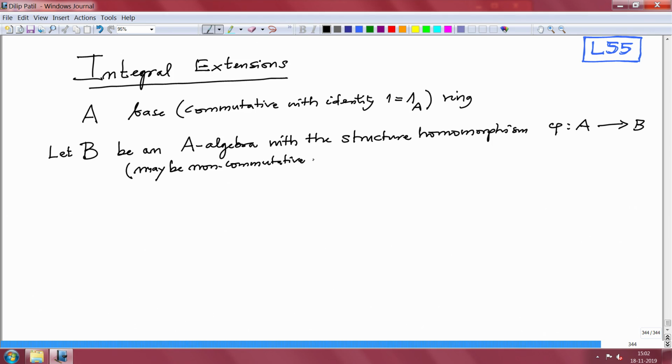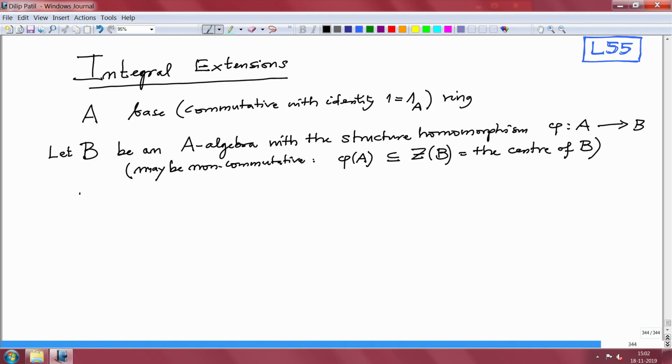In that case, we remember that the structure homomorphism has the property that phi of A is contained in the center of B. This is the center of B. This will not happen so often, because very often the ring will also be commutative.